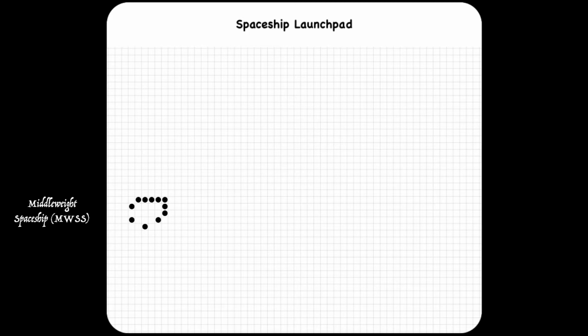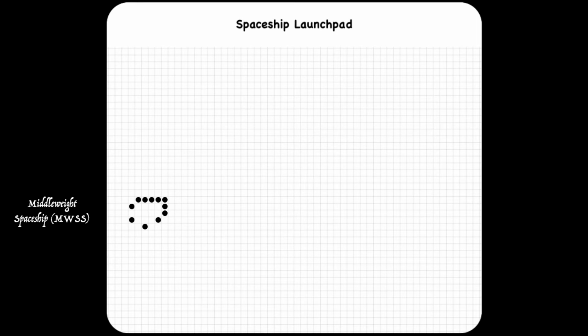You'll see why in a minute. You notice it does come back to its original configuration and it's moved along a bit. There we have it speeded up, and off it goes. So that's the middleweight spaceship.